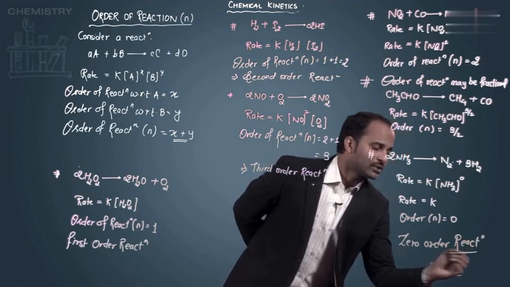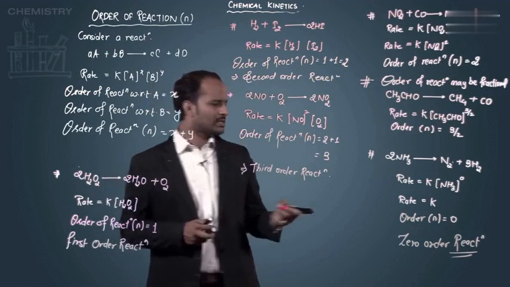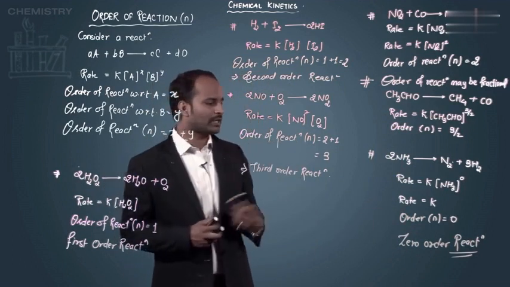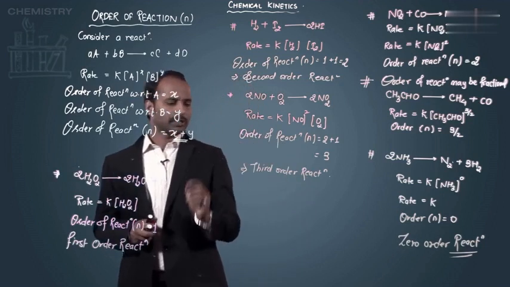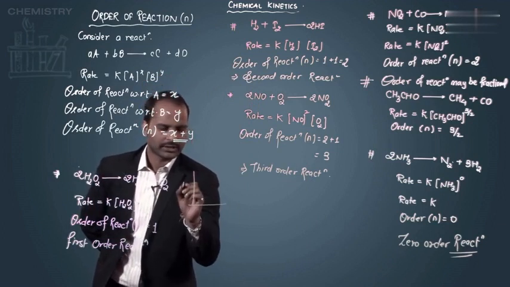Now the zero order reaction is different than the other reactions. In case of this, I can say that order is 0. It means the rate of reaction does not depend upon the concentration of any reactant. See what happened in all the other reactions. Suppose I am drawing a graph of rate versus time.